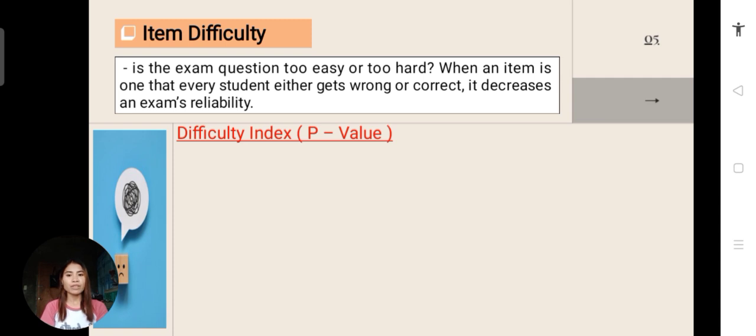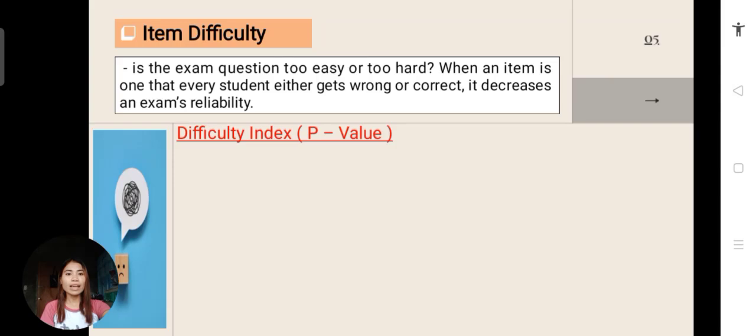The higher the difficulty index, the easier the item is understood. It was based on Wood, 1960. So, for example, if you have an item difficulty of 0.95, it doesn't mean it's extremely difficult. It means it's extremely easy because 0.95 represents the fact that 95% of the students got it correct.